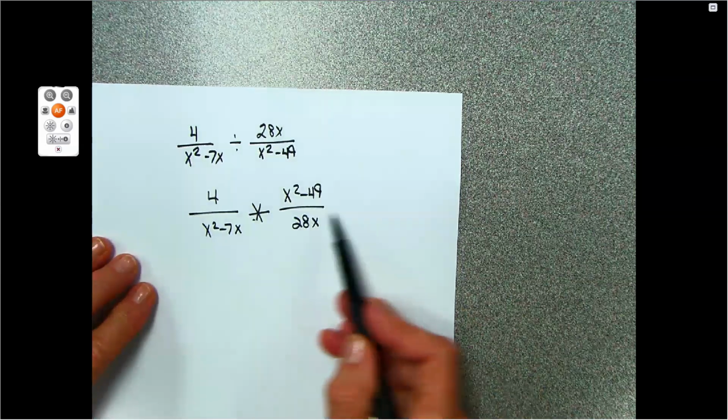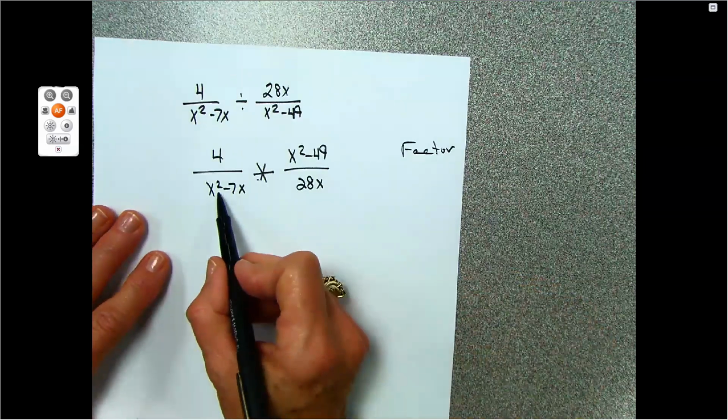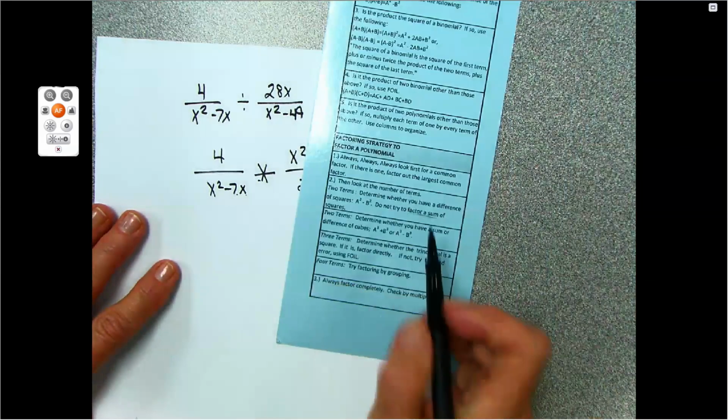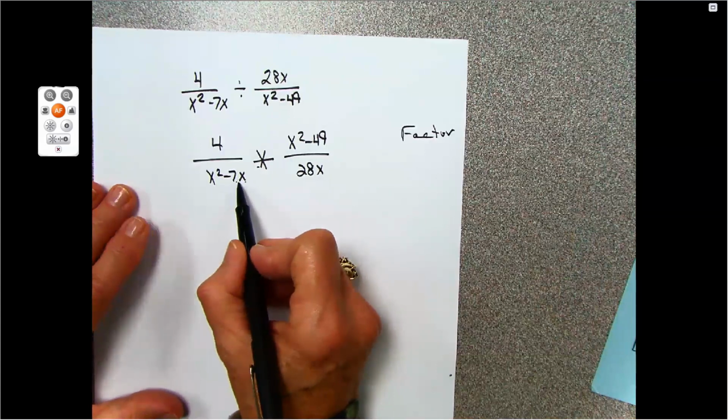So now I want to factor x squared minus 7x. Factoring, we're going to look for that greatest common factor first. Looks like there's a common factor of x.